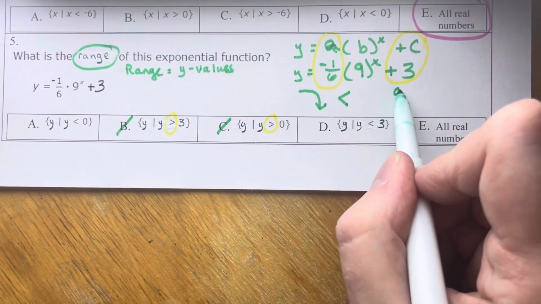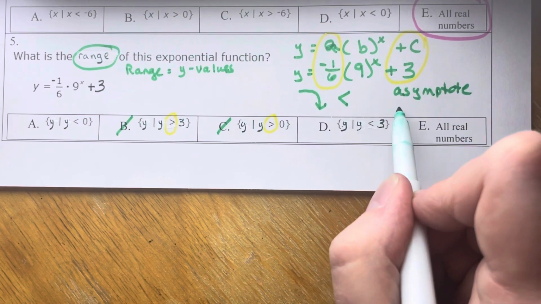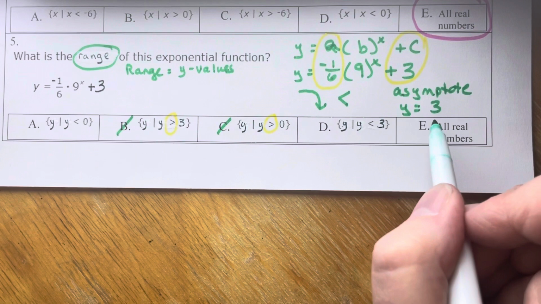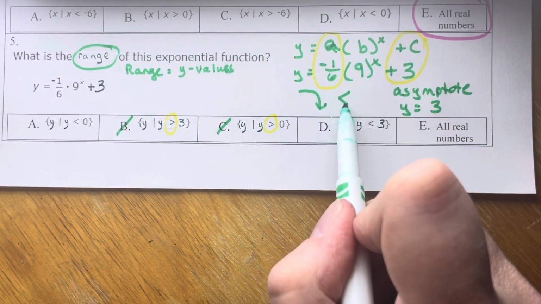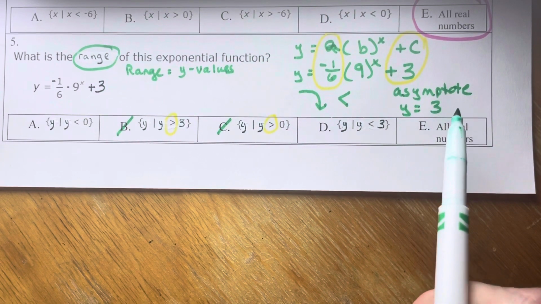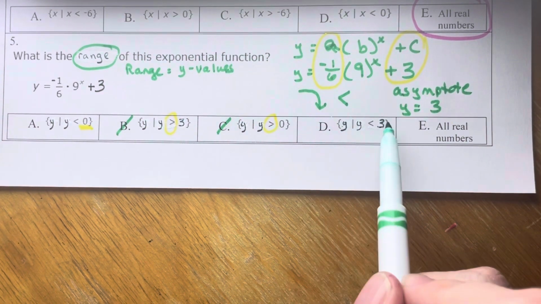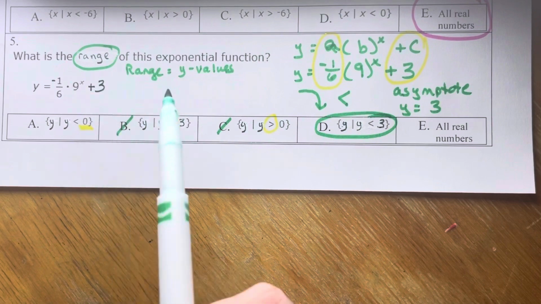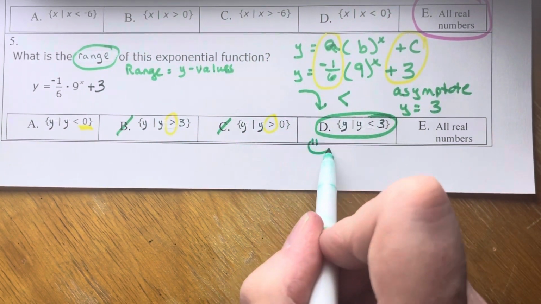So our asymptote is at y equals 3, and therefore we can say that our range is going to be less than 3. So that tells us that it cannot be A, as we have a 0 there, and it must be D. So our range for this problem will be y is less than 3. And there you go.